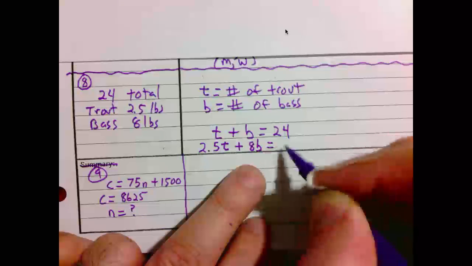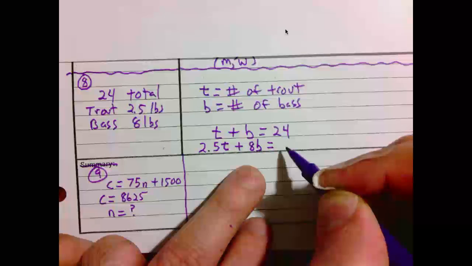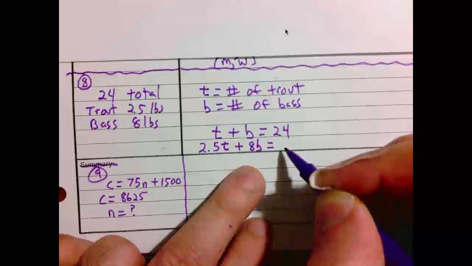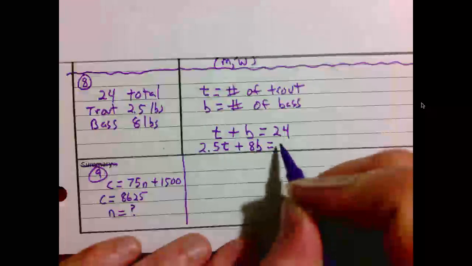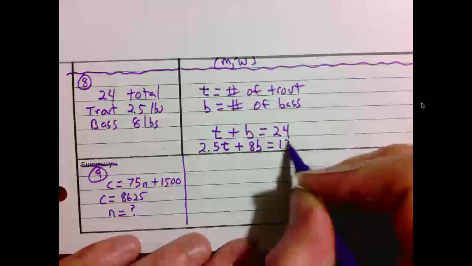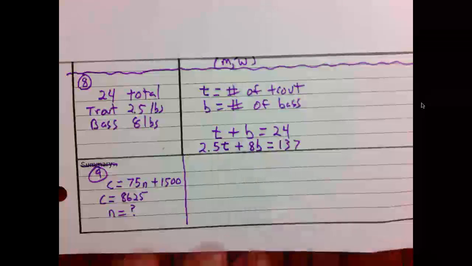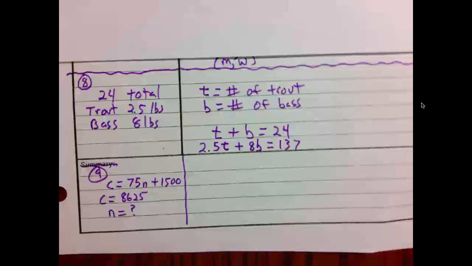This will equal the total number in pounds of all the fish. And that amount is 137. So that is my system of equations. It doesn't ask me to solve.